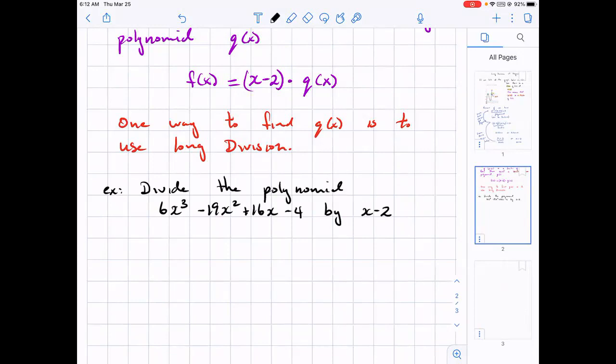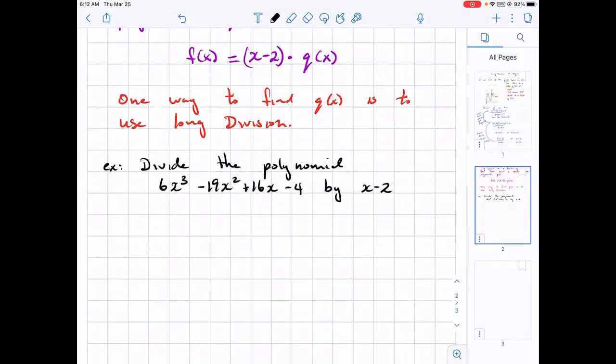So to set up long division, what we generally do is draw what I call the box. And your divisor goes here. And then we put the polynomial 6x cubed minus 19x squared plus 16x minus 4.